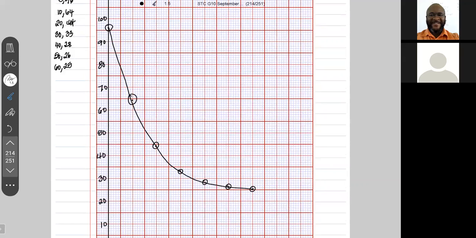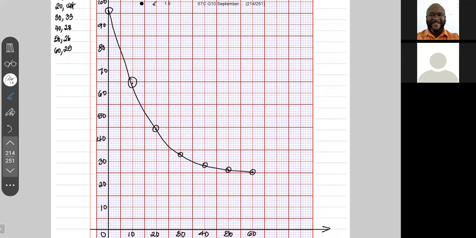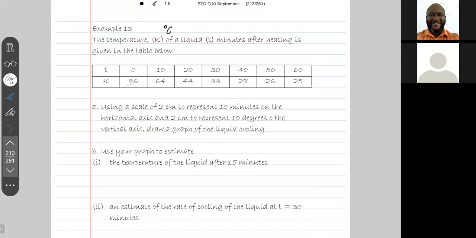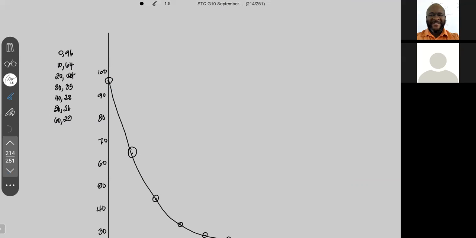Let's answer our questions. The question asked is to use your graph to estimate the temperature of the liquid after 15 minutes. So what we're going to do is identify 15 minutes at the bottom.